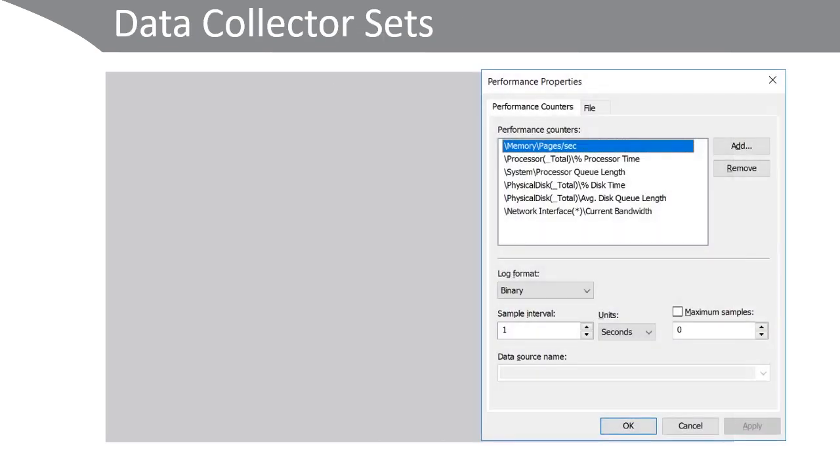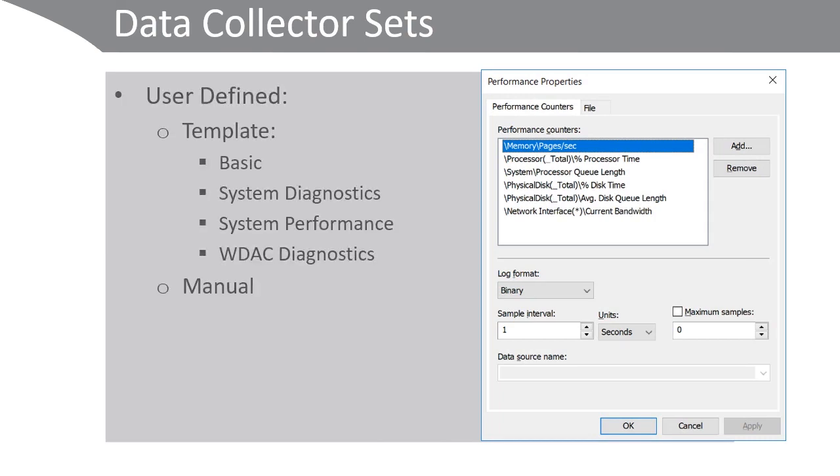To collect this information, I'd recommend using data collector sets. You can configure user-defined sets based on a template or based on manual configuration. We'll look at this in the demonstration. And as you can see on the right-hand side, I've chosen to create a performance-defined data collector set, and I've added the appropriate objects and performance counters: memory, pages per sec, processor percent processor time, the ones we've just discussed.